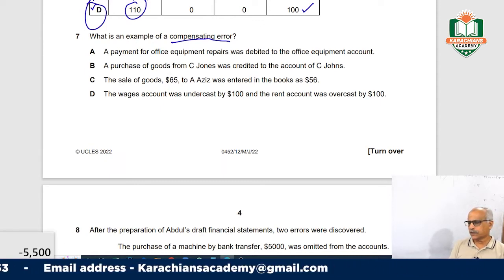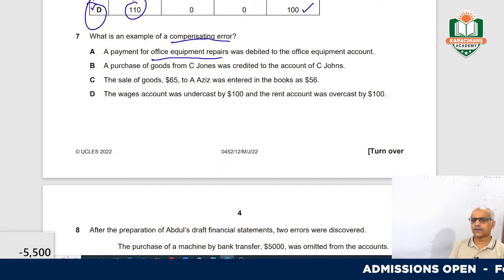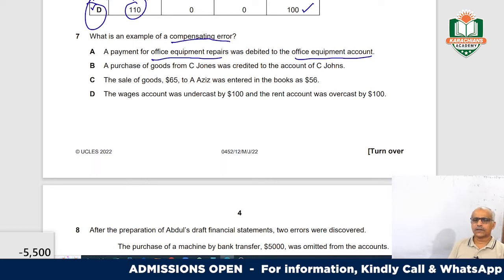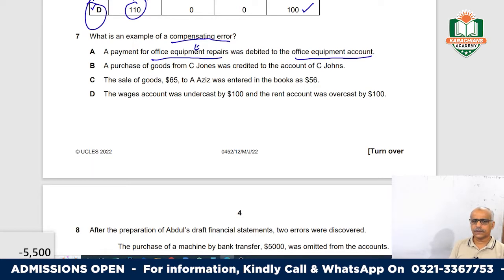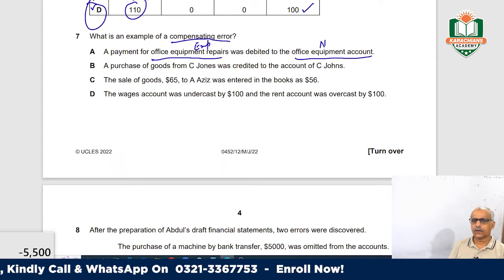Payment of office equipment repairs was debited to the office equipment account. So this is your expense and this is your non-current asset.